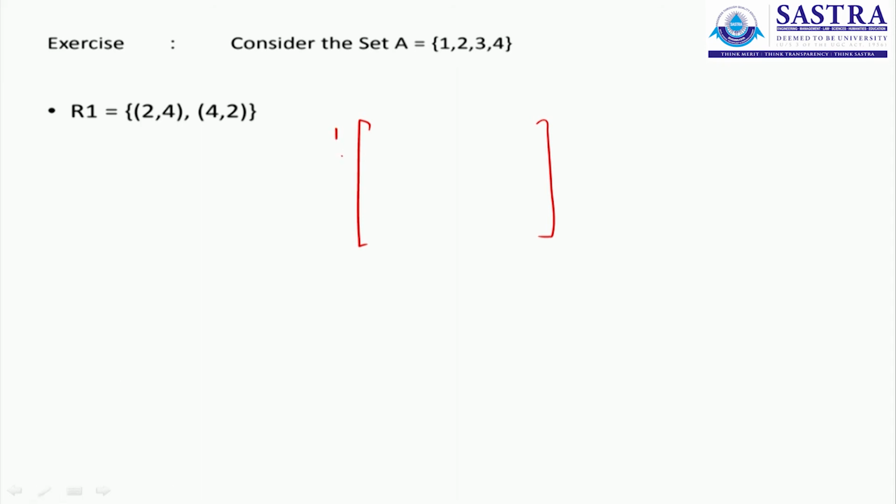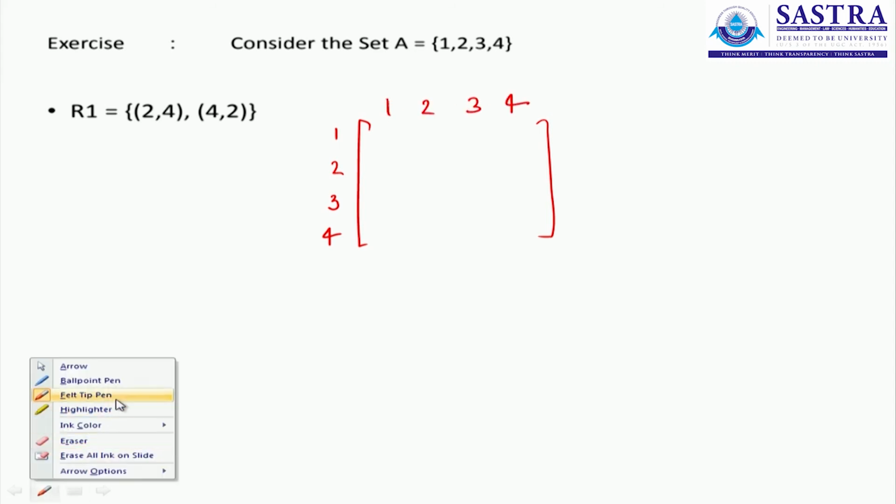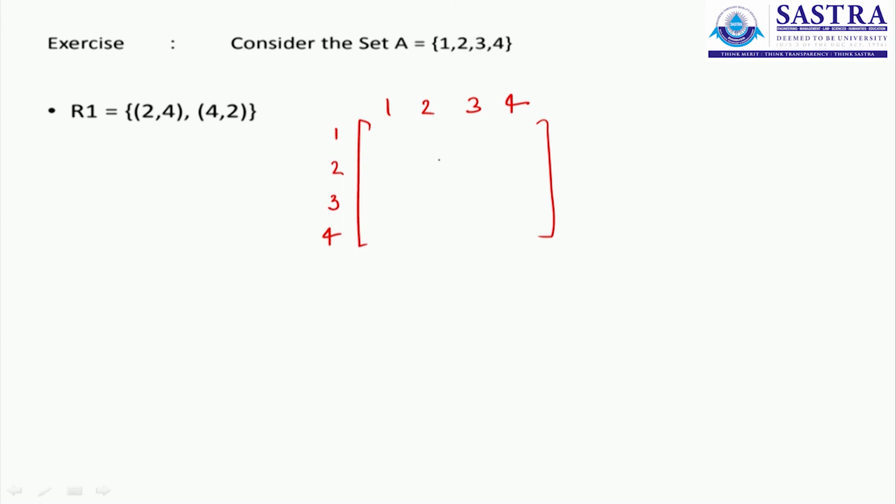A few more exercises for you to get familiar with this idea of representing a relation through a matrix. Only (2, 4) and (4, 2) are present, all the rest are zeros. You will still see that this relation is symmetric because the corresponding matrix is symmetric. Everything above and below the diagonal are equal. (4, 2), right?